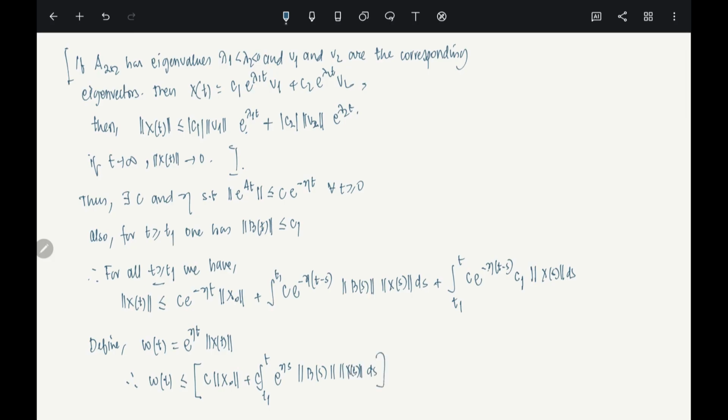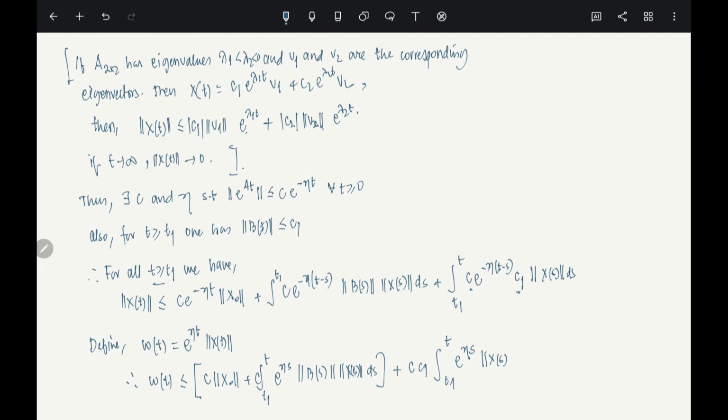So these two terms together plus c2, let's just call c2 as c1 times c2, or maybe I can, it's okay, integral from t1 to t, e to the power eta s x of s ds, no?